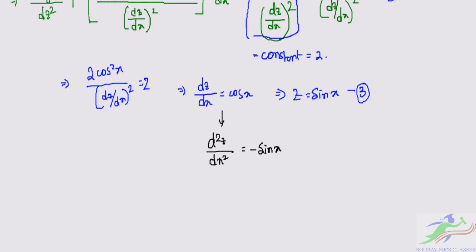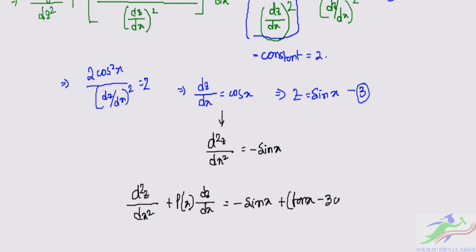So d2z/dx2 plus p(x) dz/dx is equal to minus sin x plus (tan x minus 3 cos x) cos x, which if we solve is minus 3 cos square x, because minus sin x and plus sin x will cancel out.